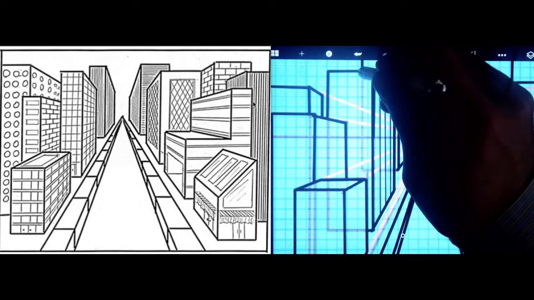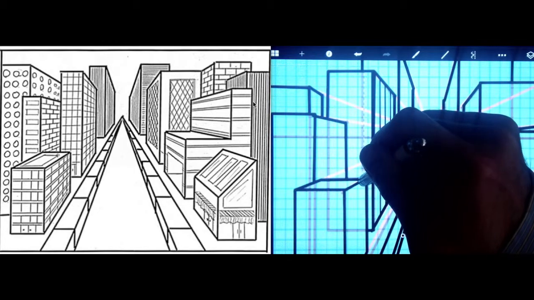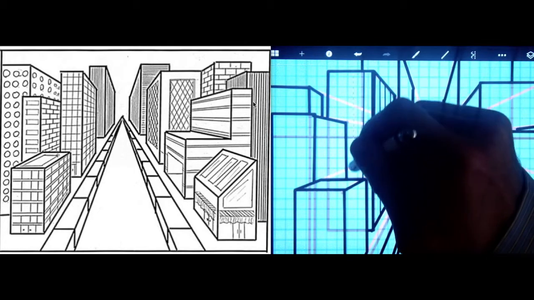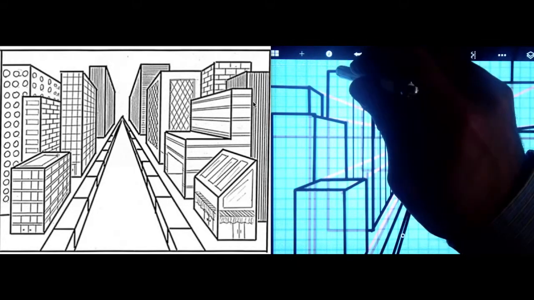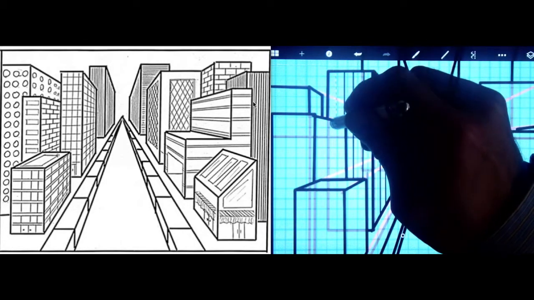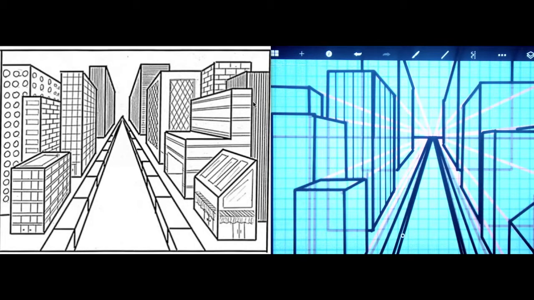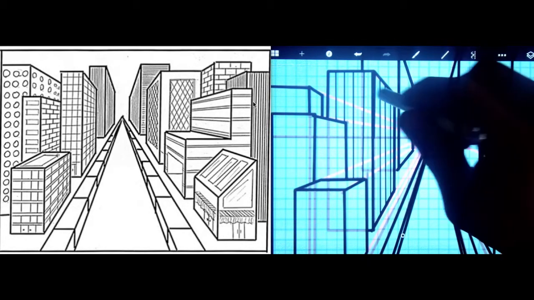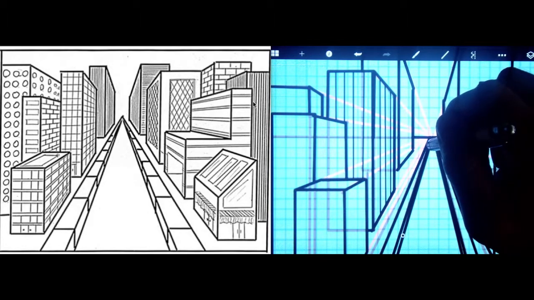So that building just has several vertical lines on it. Again, I'm looking at the grid to help me be successful. I'm making sure I don't draw over other buildings. I stop when I get to the next building. There. And then it has lines that are like the lines of perspective. They go all the way back to that point. Ooh, this could be tricky.